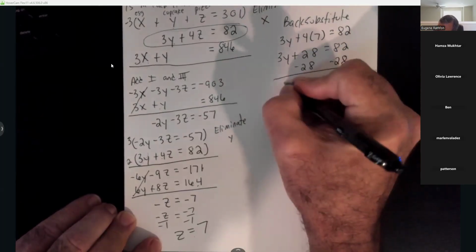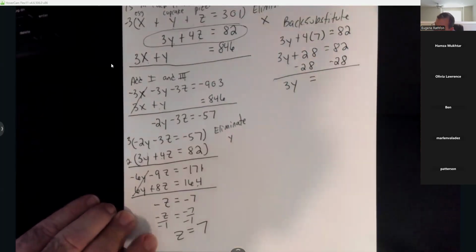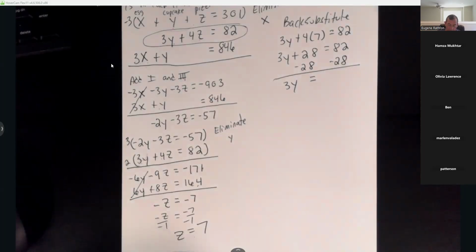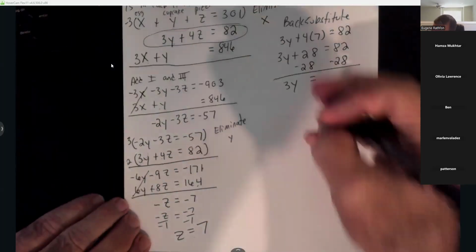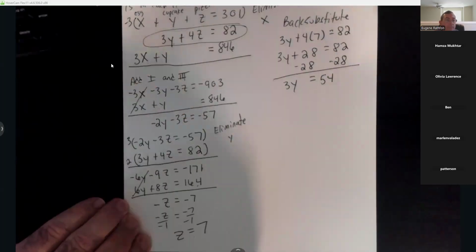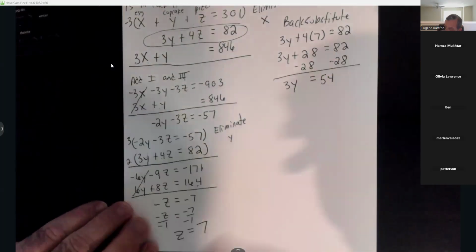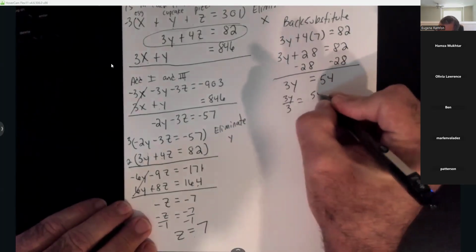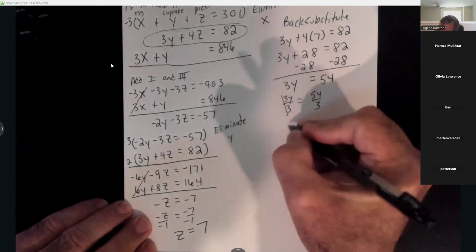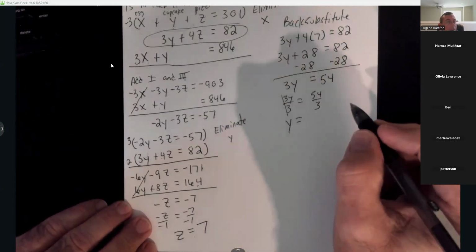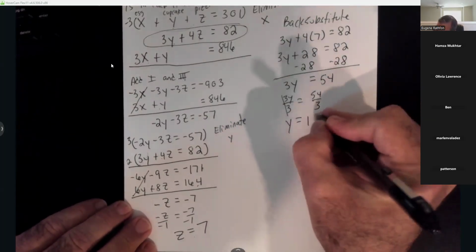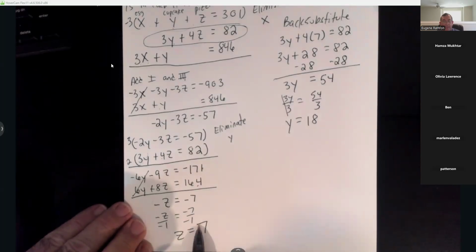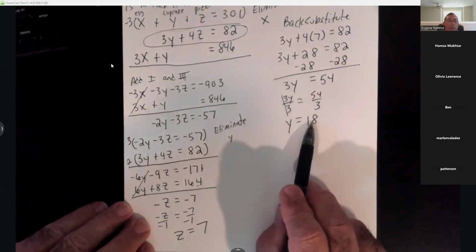So y'all, let's see, that gives me my 3Y. 82 minus 28 is going to give us 54. All right, y'all, divide everything by 3 and let's see what we get. Well, that cancels, give me 1Y. 54, okay, that looks good. 18.